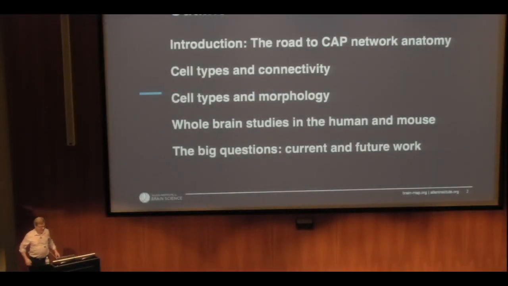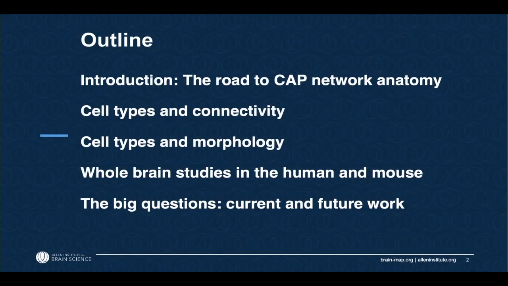So I have an outline, wow. An introduction that I'm going to try to go through fairly quickly. It's mostly historical, the evolution of our thinking about connectomics, and introducing the idea of CAP, which I'll get to in the next slide.